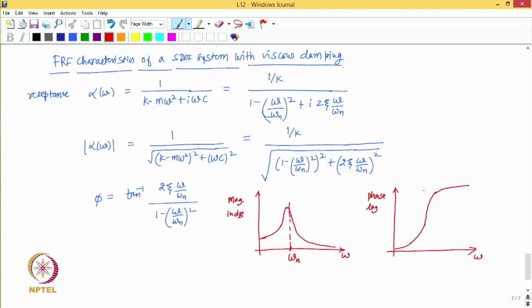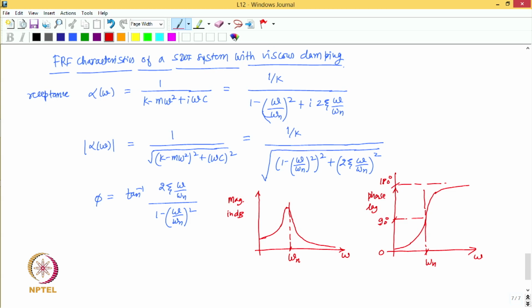So, at omega n, when the excitation frequency is equal to omega n, the phase is 90 degrees in fact, and it starts from 0 degree, and when the excitation frequency is very large as compared to the natural frequency, the phase tends to become equal to 180 degrees. So, this is basically the magnitude and phase of a single degree of freedom system with viscous damping.